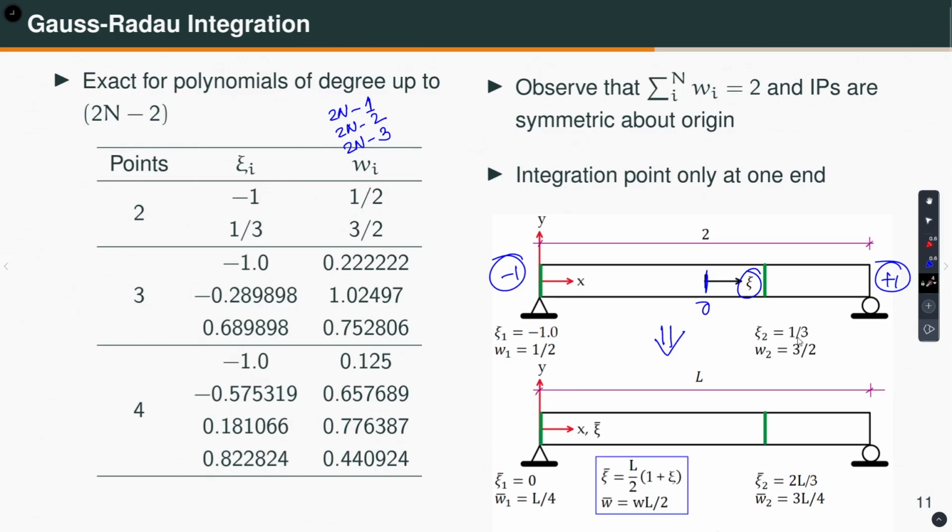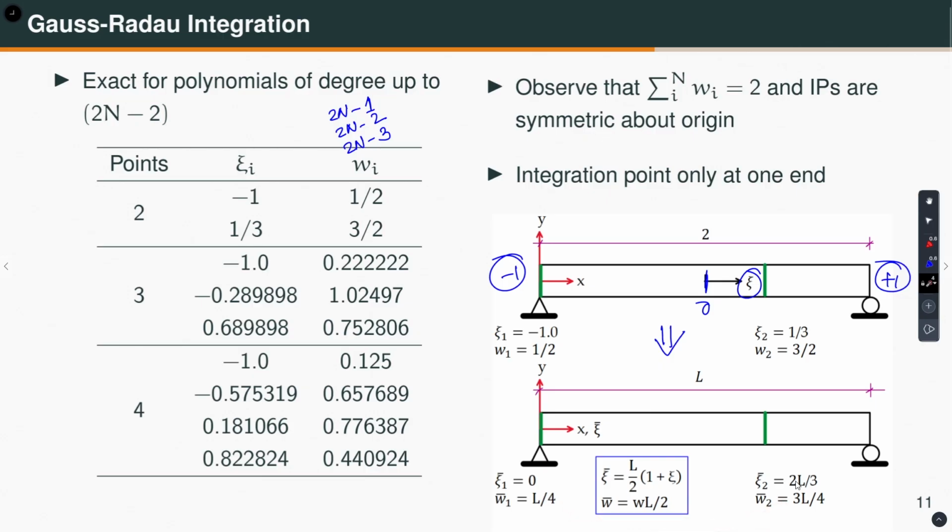Okay. So, that means if you substitute 1 by 3 here, then this location becomes 2L by 3, and the weight in the physical space is WL by 2, okay, where W is the weight for the normalized case. So, this weight now becomes 3L by 4, and this weight which was 1 by 2 becomes L by 4. If you just add the two weights, what do you get?